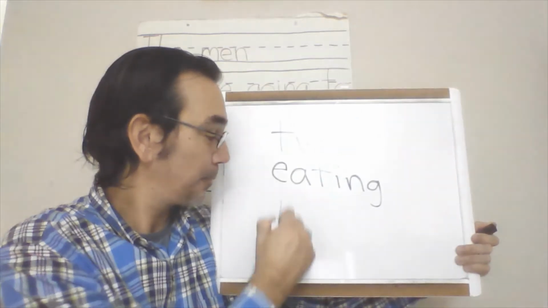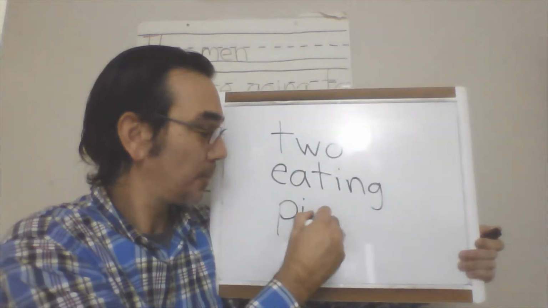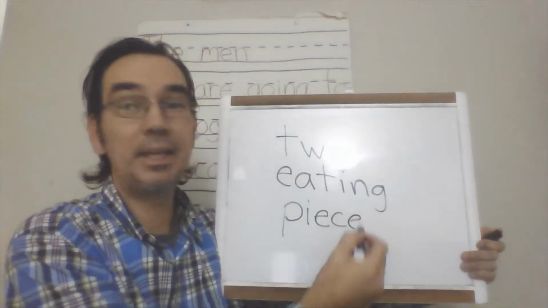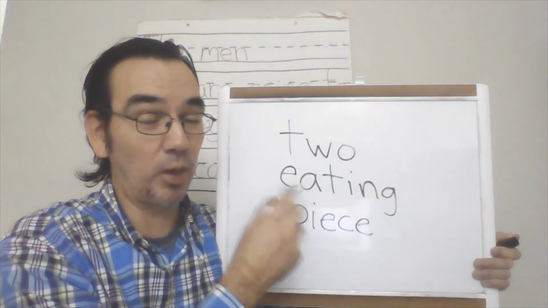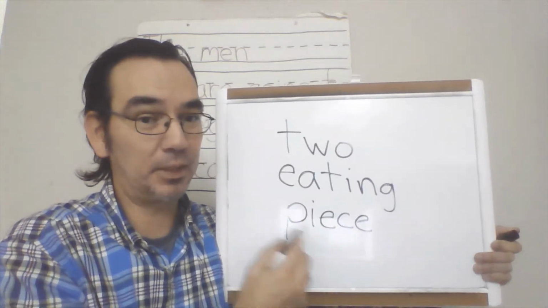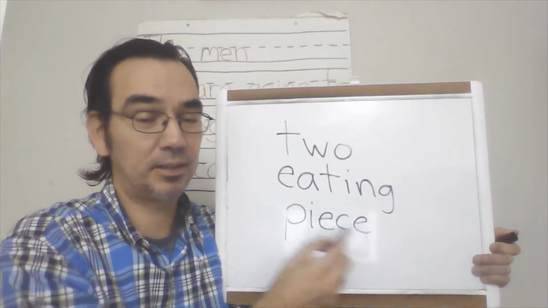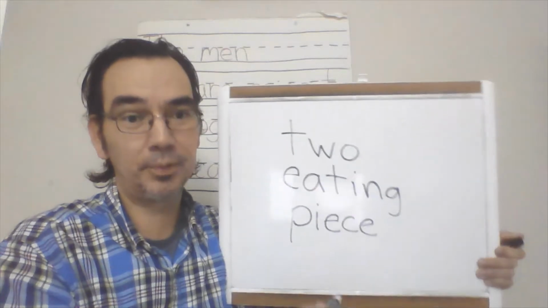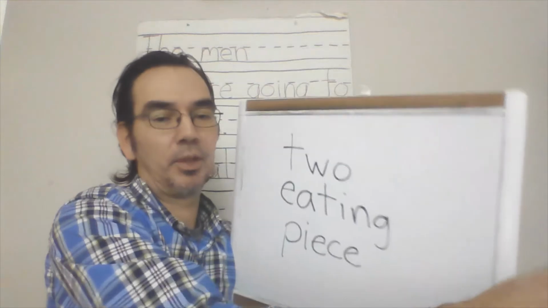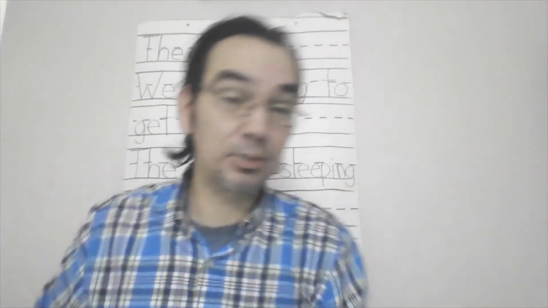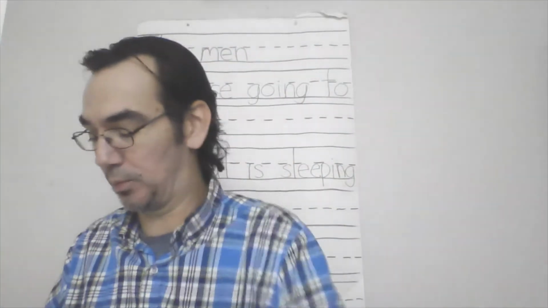And finally, peace. Peace. And this is much in the same way that eating, you only hear one of these vowels. Same thing here. Peace, peace, right? This is how you spell peace. Another strange spelled word.